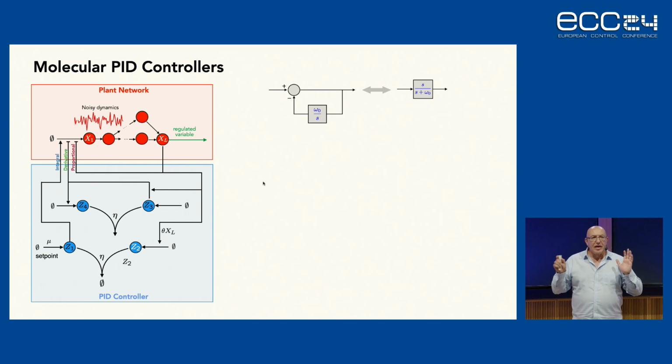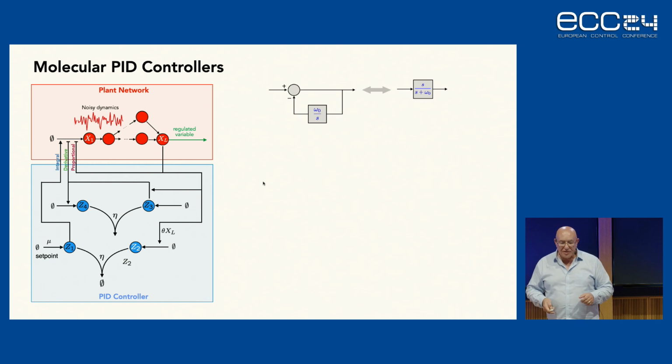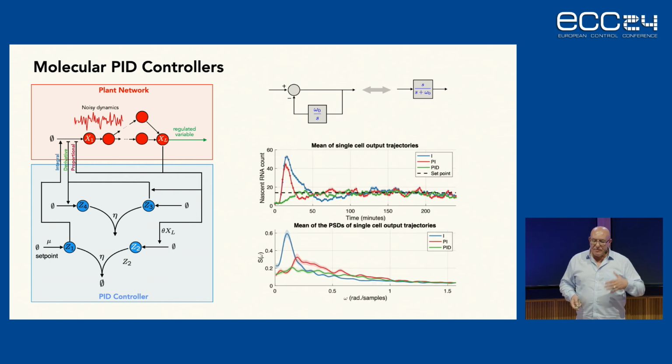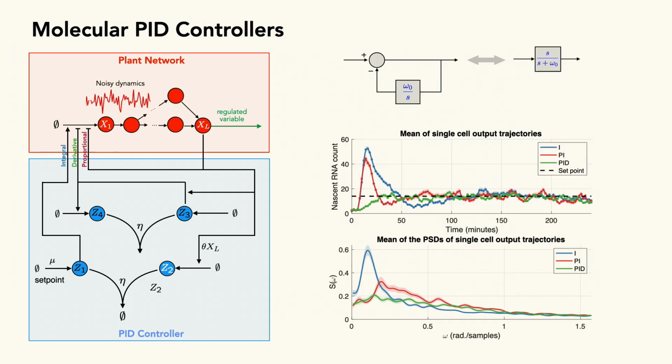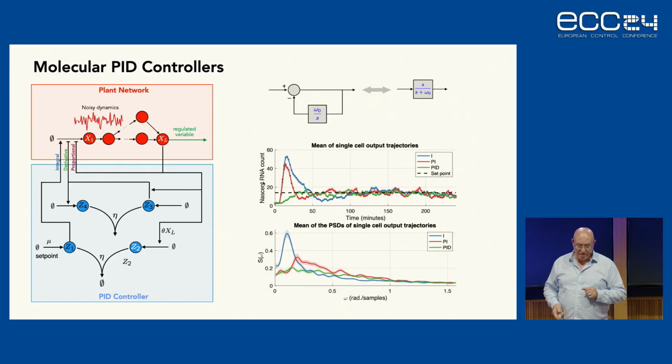So together with the integrator, you have the low-pass filter. And we've used that PID controller to control the same yeast cells that I told you before. And you can see that with the PID, you lose the peak, and the system gets a better rise time. And actually, one can show less cell-to-cell variability as a result of the differentiator.